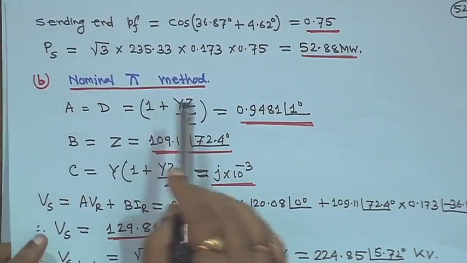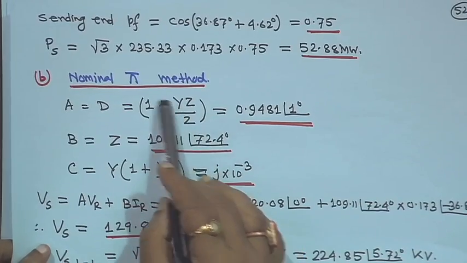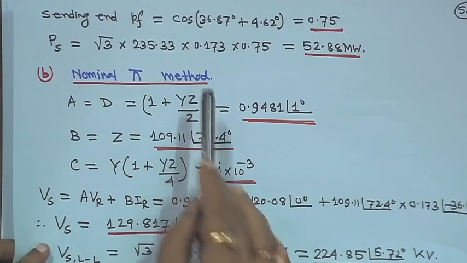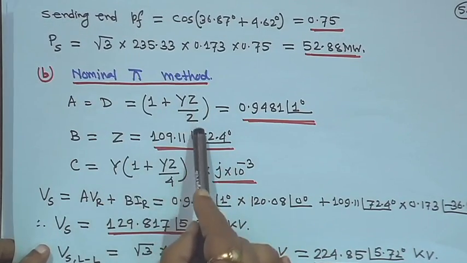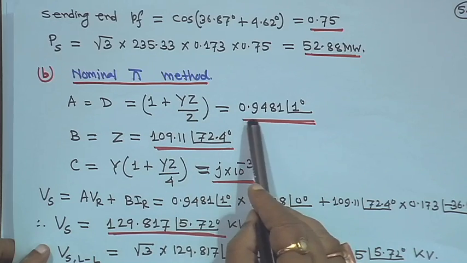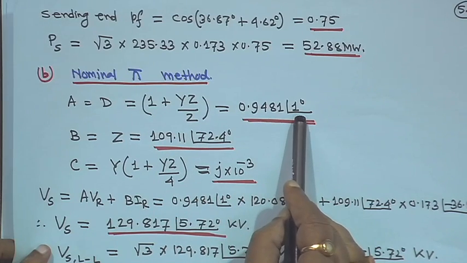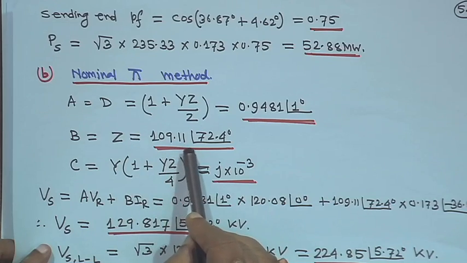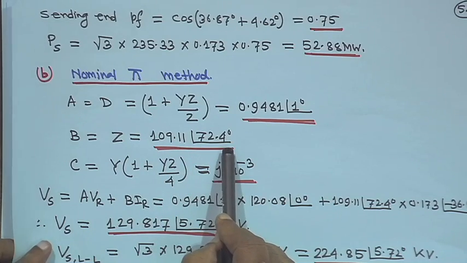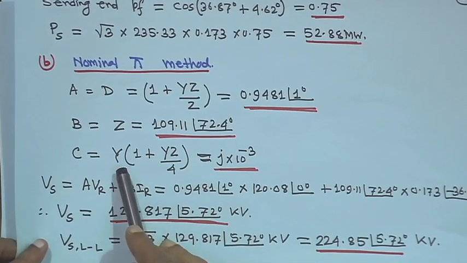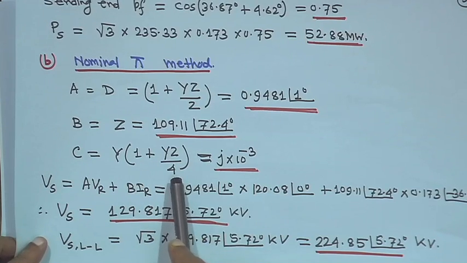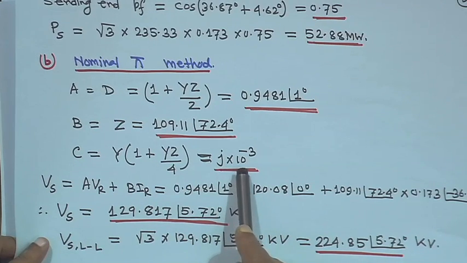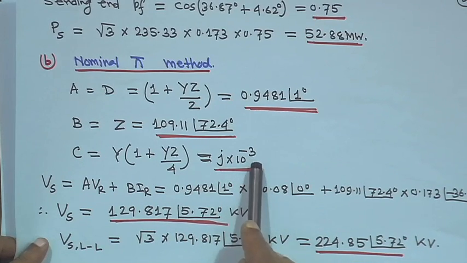With the same data, when you consider the nominal pi method, A is equal to D, which is 1 plus yz by 2. You compute and you will get 0.9481 angle 1 degree. And B is equal to Z, so 109.11 angle 72.4 degree, and C is equal to y into 1 plus yz by 4, which becomes approximately j into 10 to the power minus 3.